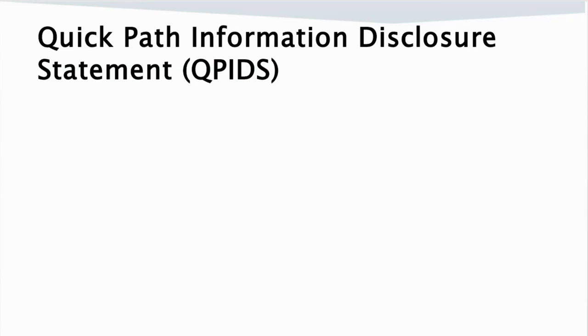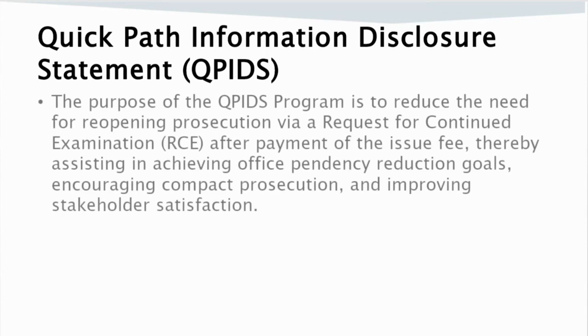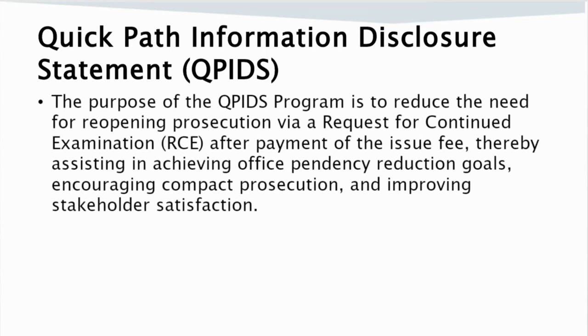A QuickPath IDS, or CUPIDS, is a pilot program to allow applicant submissions of prior art after a notice of allowance has been mailed. The purpose of the QuickPath IDS program is to reduce the need for reopening prosecution via a request for continued examination, RCE, after payment of the issue fee, thereby assisting in achieving office pendency reduction goals, encouraging compact prosecution, and improving stakeholder satisfaction.